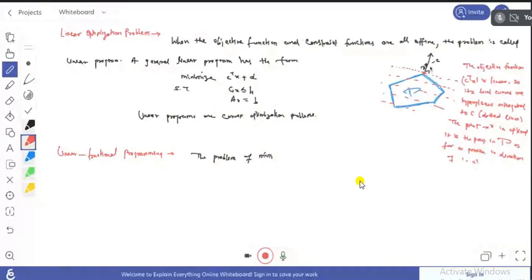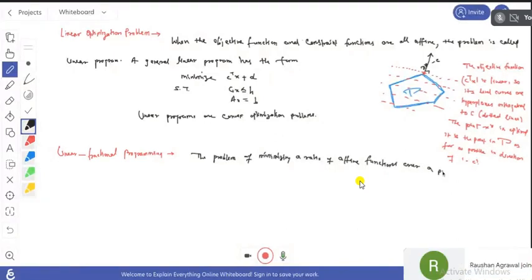Okay, so the next one is a linear fractional programming problem, and in this case you are minimizing a ratio of affine functions or linear functions over the feasible region, that is, over a polyhedron.